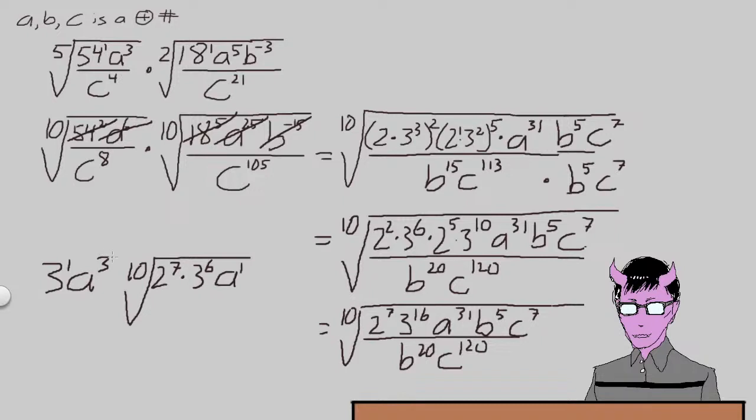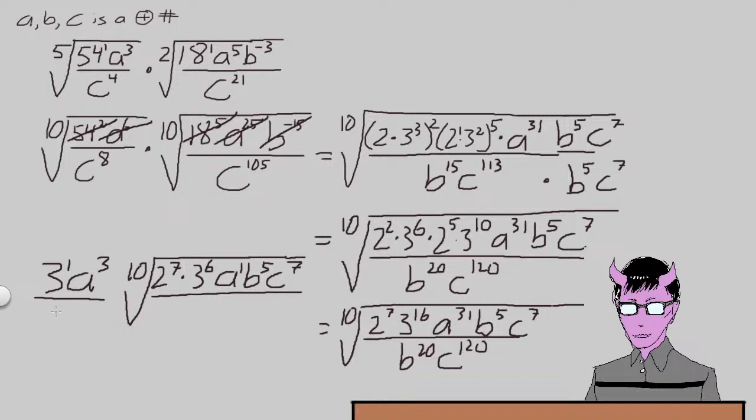So make sure you understand this. 3 times 10 is 30. 30 plus the 1 is 31. So we have b power 5, nothing to do with that. C power 7, nothing to do with that. Again, that was a deliberate choice. Bottom portions are very nice though. Of course, we made it that way.